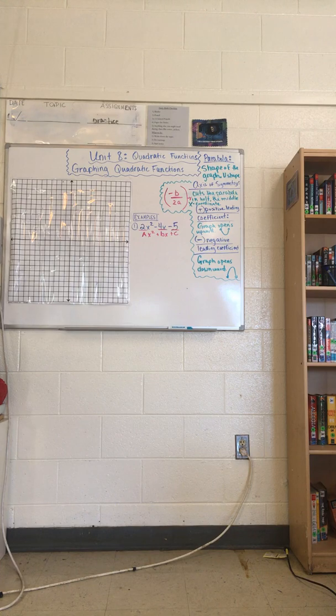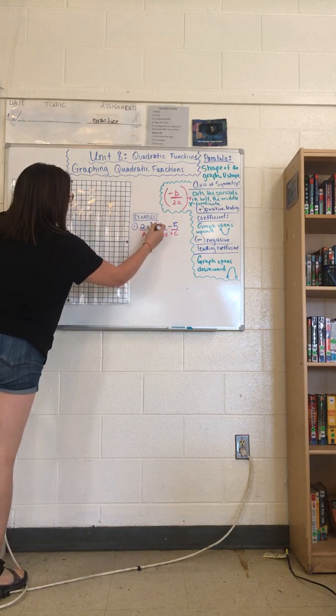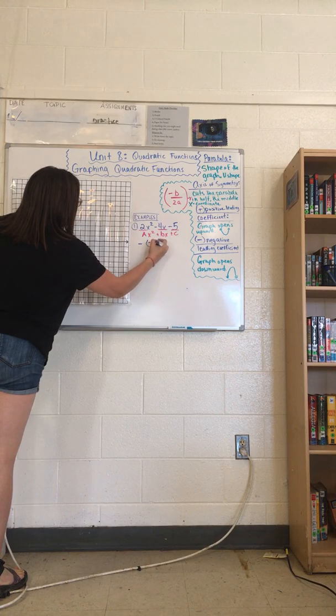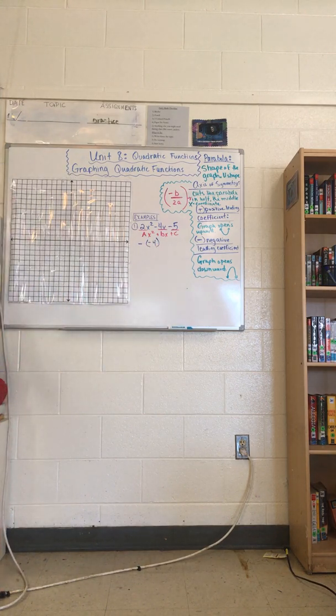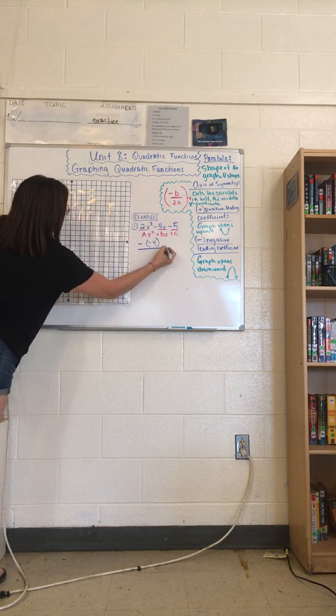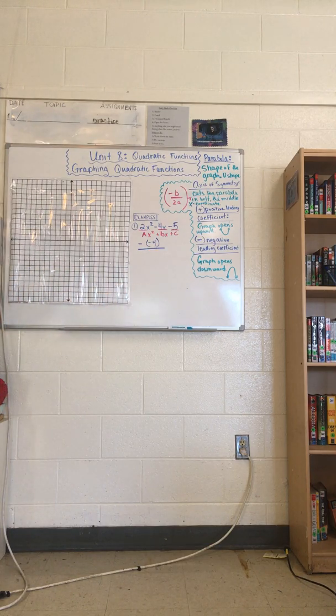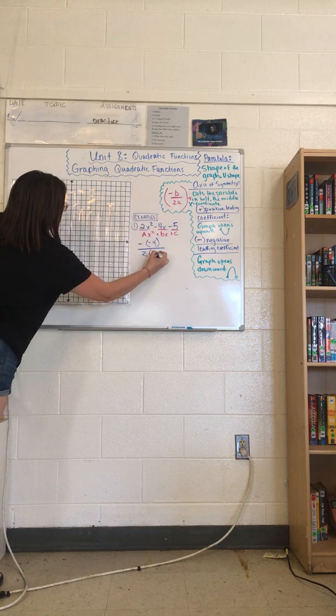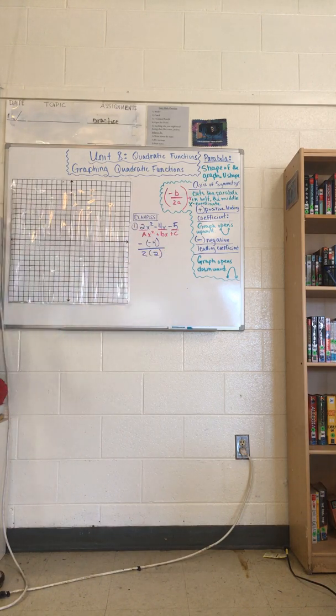So let me plug my numbers in. The formula is negative b over 2a. So in this case, negative b is going to end up being negative 4, okay? Because the formula is negative b, I take the sign with the number, and it goes right there, okay? Over 2a, so 2 times 2, okay? Now I just simplify it.